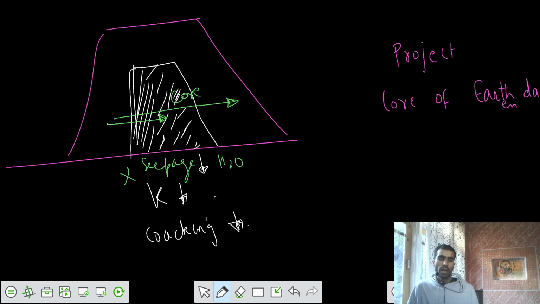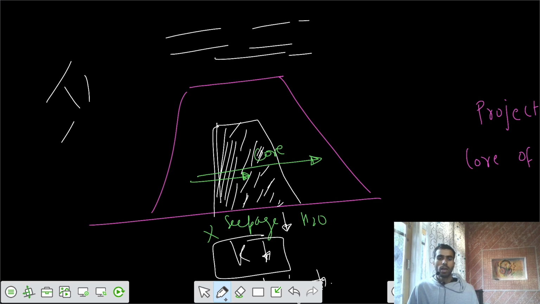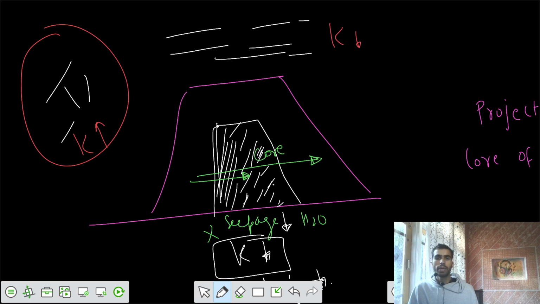If I want permeability to be less, on what side of optimum is it? We have the flocculated structure and the dispersed structure. On which side do we have more permeability? I would say on the dry side permeability is more, but on the wet side permeability is less as compared to the dry side.